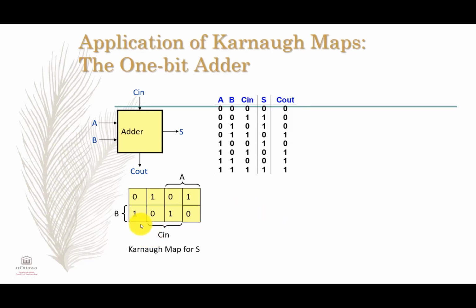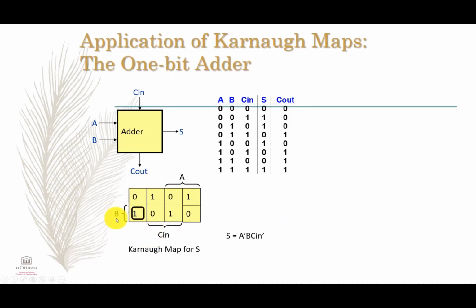If I group this one here, B is in the true format, and here I have A prime, Cn prime. Therefore, I get A prime, B, Cn prime.